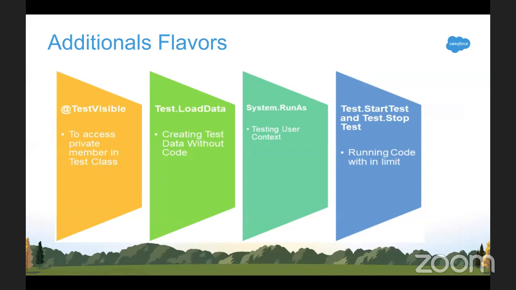If you want to go through all those scenarios, you need to insert a user record with the standard user profile, invoke this System.runAs method and pass the user context, so that whatever method is invoked using System.runAs gets executed under that particular user context.